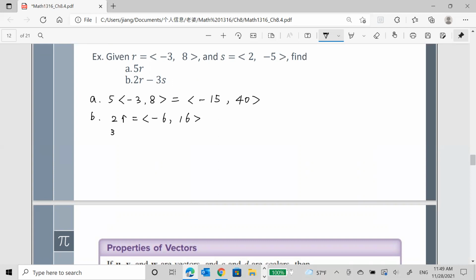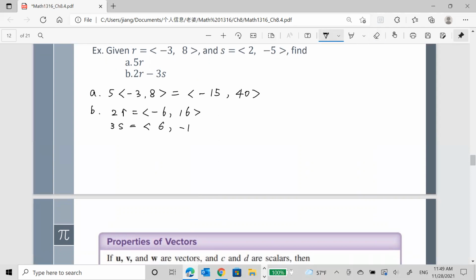What is 3S? 3S is (6, -15). So 2R minus 3S equals: -6 minus 6 is -12, and 16 minus -15 is 31. So (-12, 31).